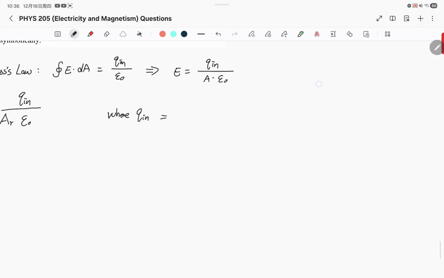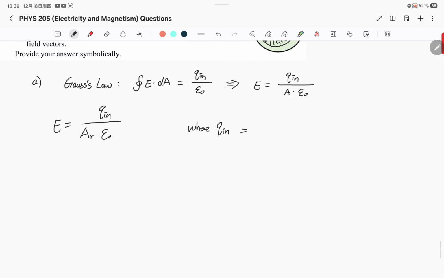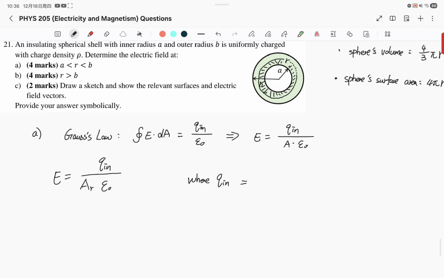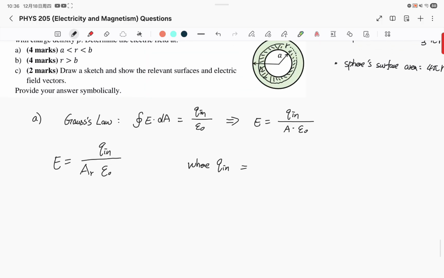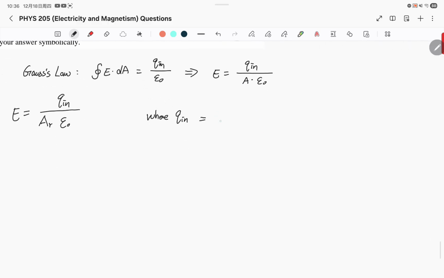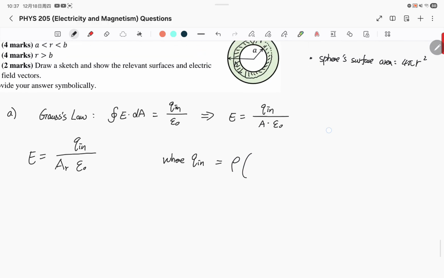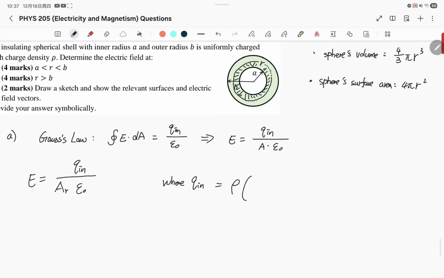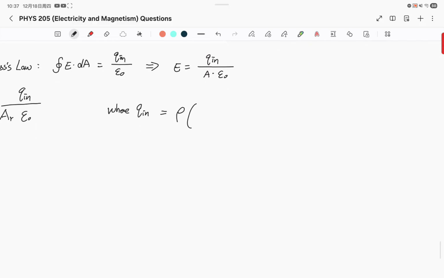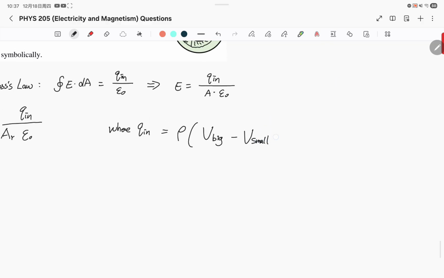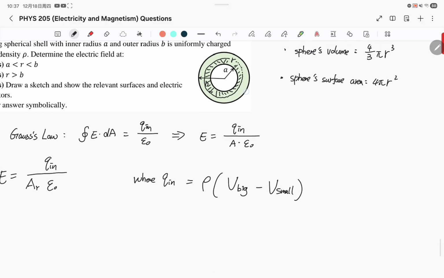Charge is equal to charge density times volume. Charge density is represented by rho. In this case, it's a volume difference, so V big minus V small. V big is the sphere with radius R, and V small is this hollow region.